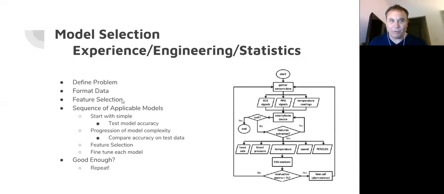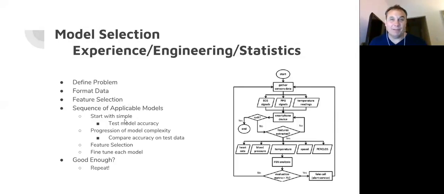So you have to work through that part of it. Once you're ready, okay, now I have my data where I think it could be useful, then you start applying models, and you start with the simplest one, like a linear regression, just so you can test out, is there any meaning in this data?